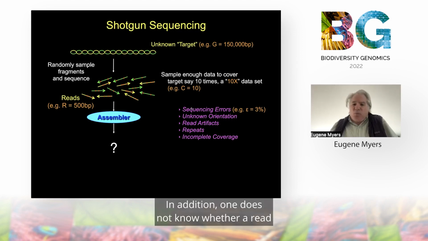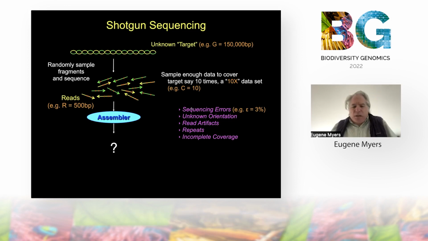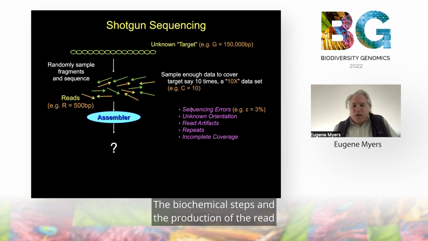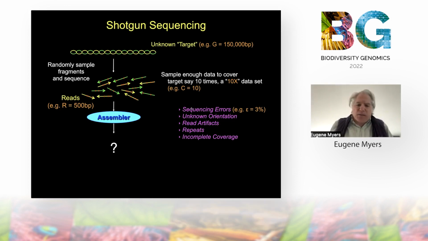In addition, one does not know whether a read comes from the 5' or 3' strand of the target, i.e., a read's orientation is unknown. The biochemical steps in the production of the read can introduce untrimmed vector, ligated chimers, and foreign DNA, to name but a few read artifacts.